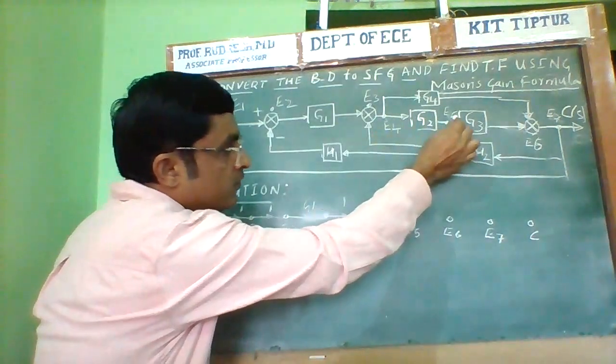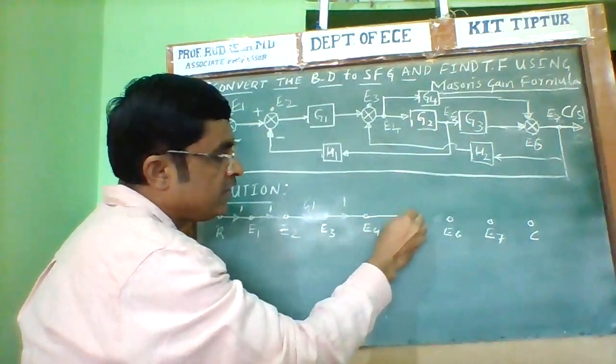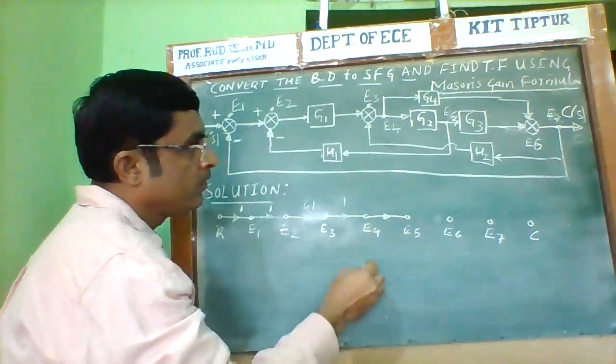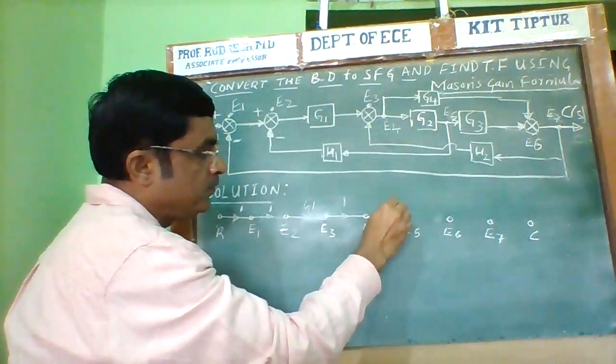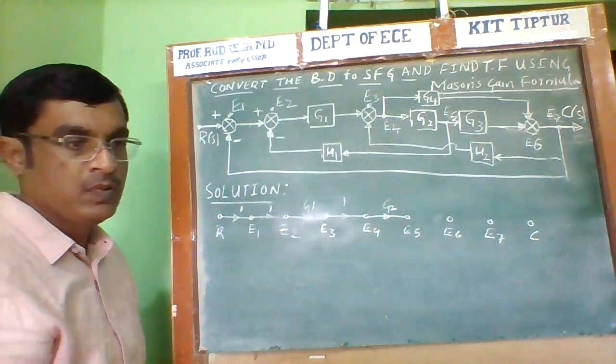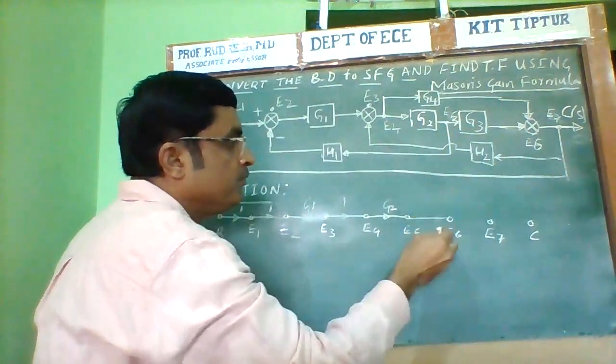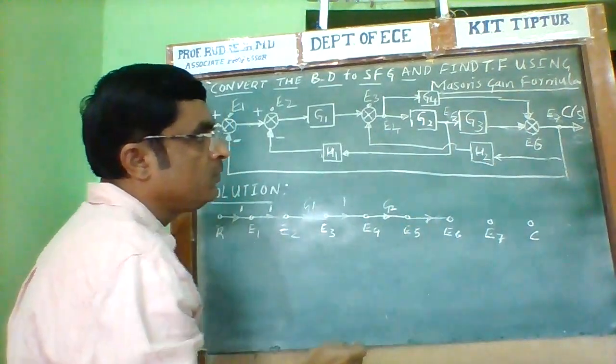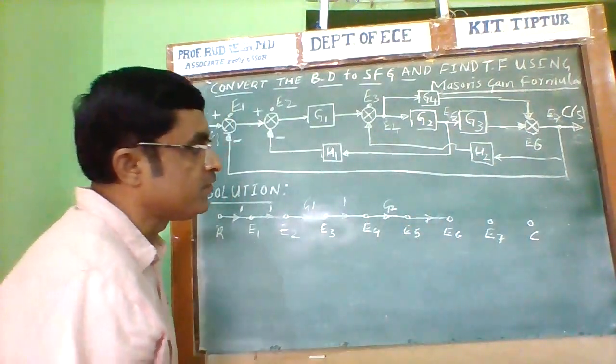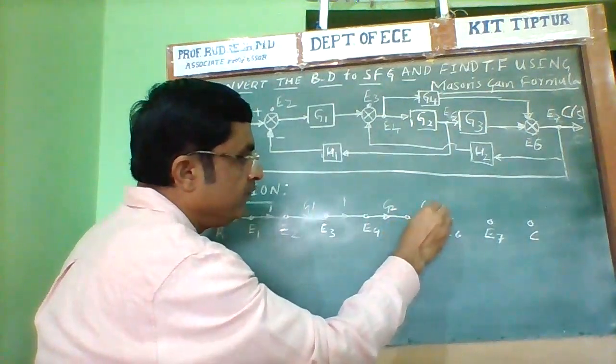Similarly, E4 to E5 has a gain of G2. And from E5 to E6 is G3.